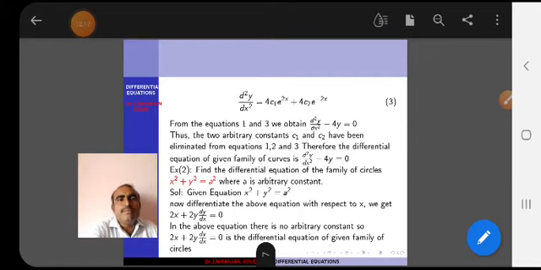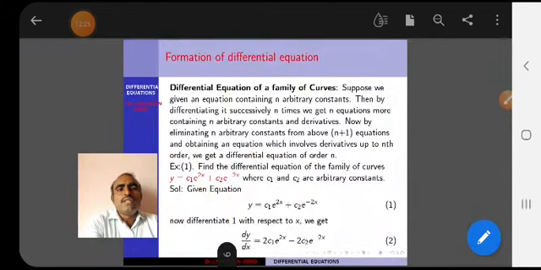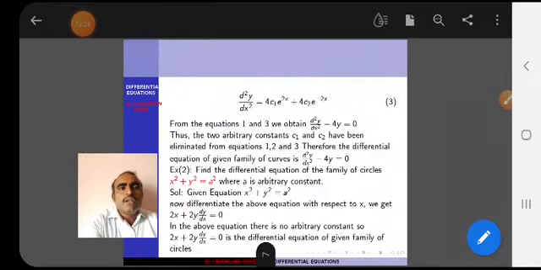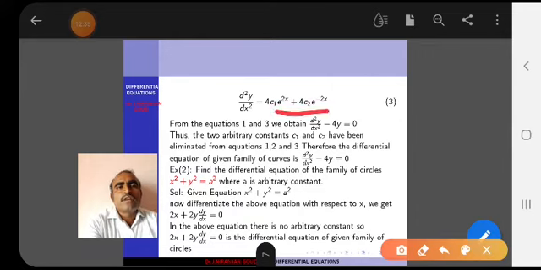From equations 1 and 3, what is equation 1? Equation 1 is y = c1 e^(2x) + c2 e^(-2x). Equation 3 is d²y/dx² = 4c1 e^(2x) + 4c2 e^(-2x). In this equation, take 4 as common. You will get d²y/dx² = 4 (c1 e^(2x) + c2 e^(-2x)).